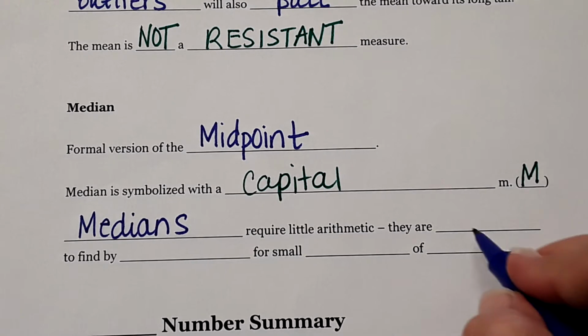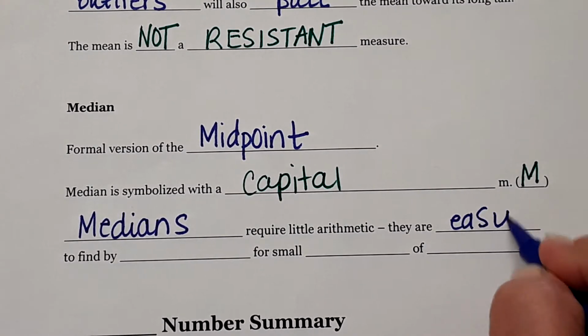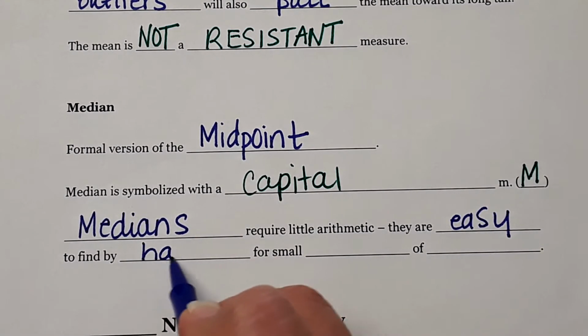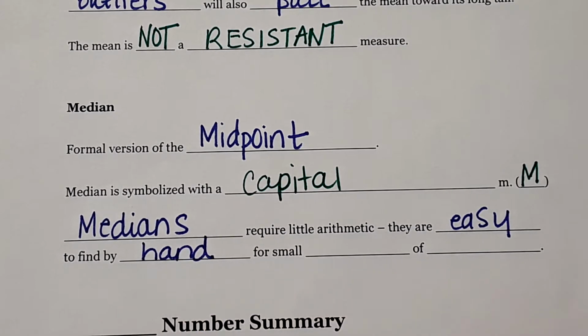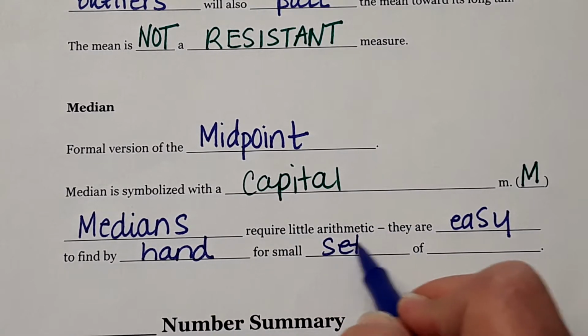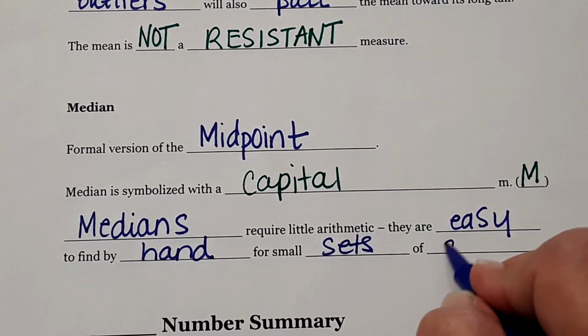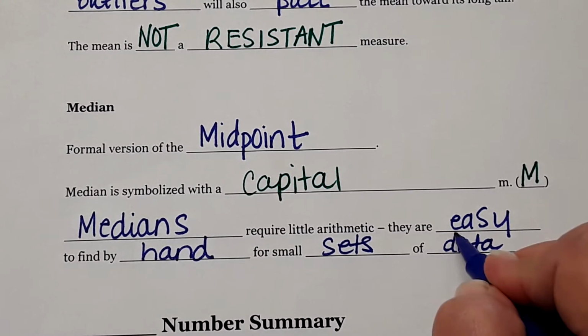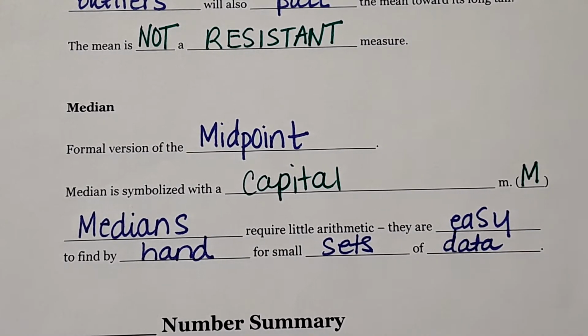They are easy to find by hand for small sets of data. Our dot plots and our stem plots are perfect for finding the median because stem plots and dot plots are used for small sets of data, whereas histograms and box plots are used for larger sets of data.